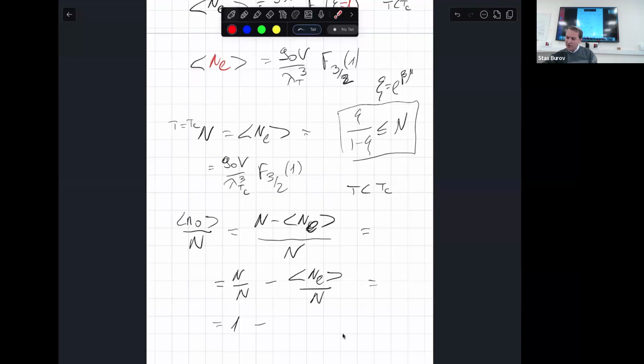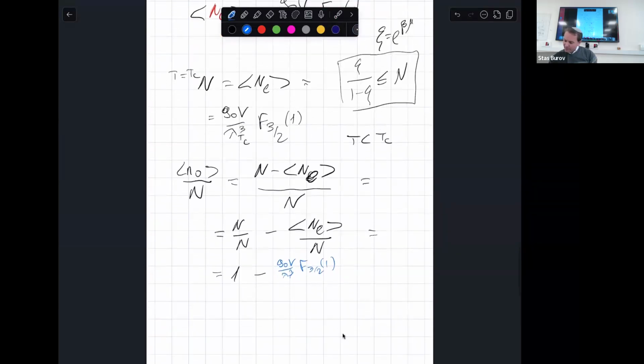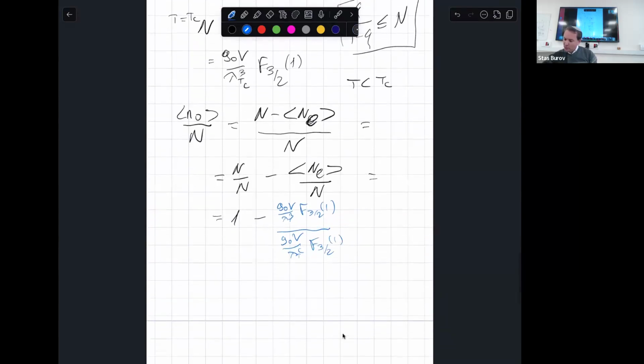Okay, so if we write down everything, we will have G0 V over lambda T to the third power F3 halves of 1, divided by G0 V over lambda TC F3 halves of 1. You see that G0 V F3 halves of 1 everything cancels out.